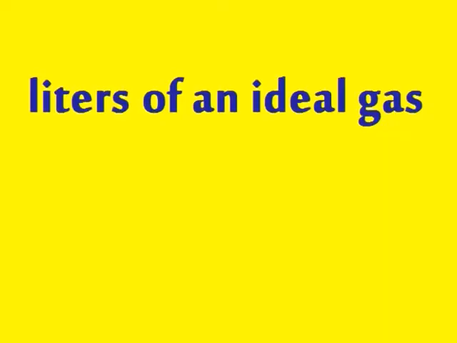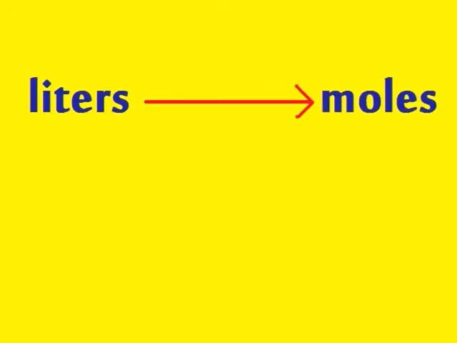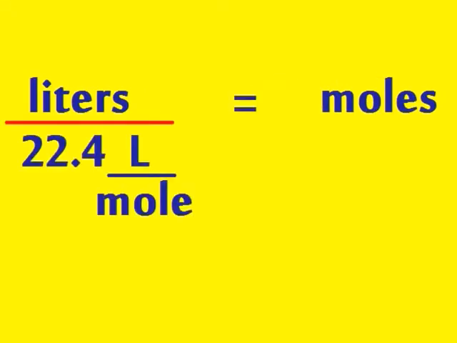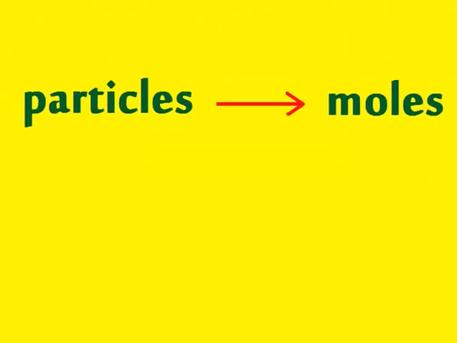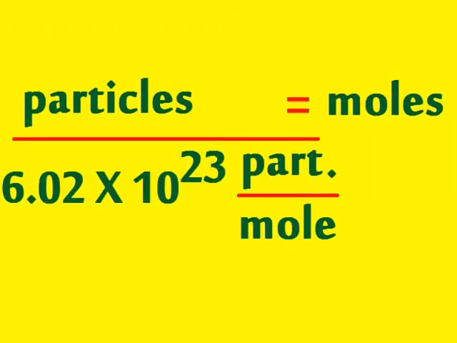You got liters of an ideal gas, want to change it into moles. Divided by 22.4, you can make your compounds. If you got atoms or molecules, and moles is the good word, divided by 6.02 times 10 to the 23rd.